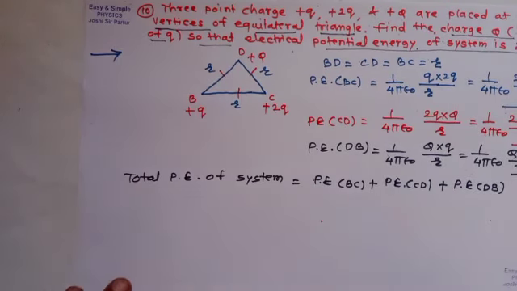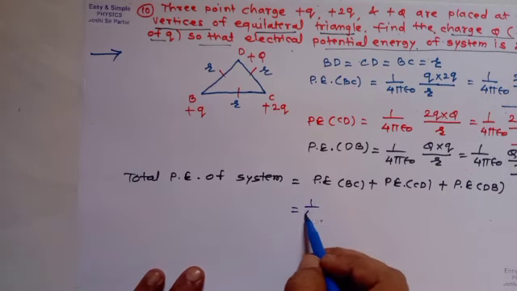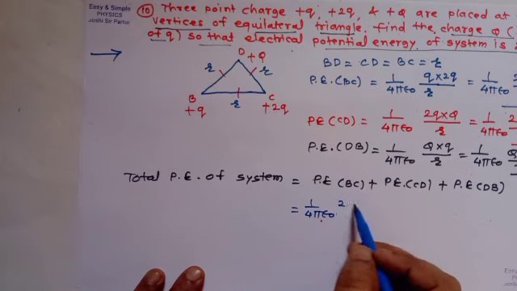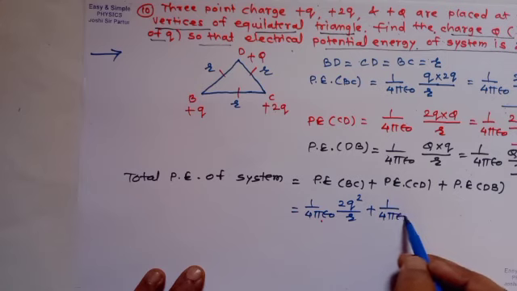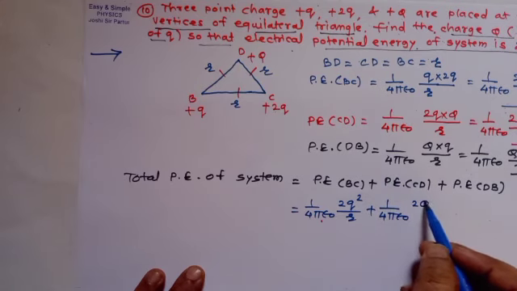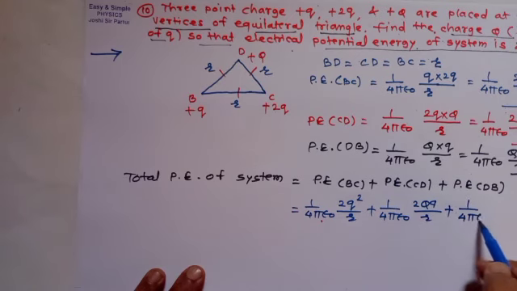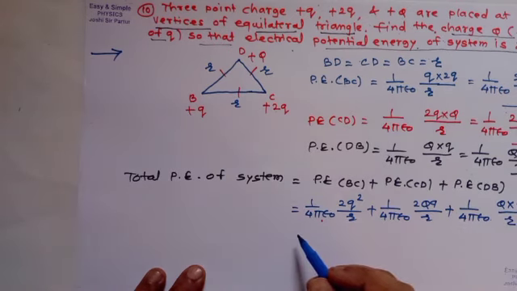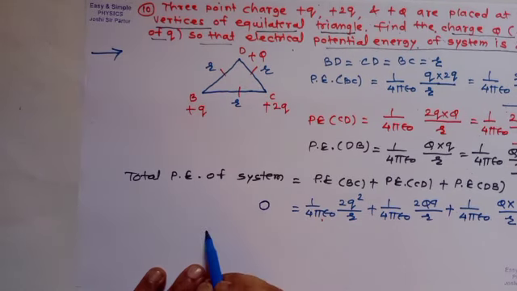Substituting the values, it will be 1 upon 4 pi epsilon 0 times 2q square upon r plus 1 upon 4 pi epsilon 0 times 2 capital Q small q upon r plus 1 upon 4 pi epsilon 0 times q multiplied by small q upon r, and the total potential energy of the system will be 0, that is 0 multiplied by 4 pi epsilon 0 r.